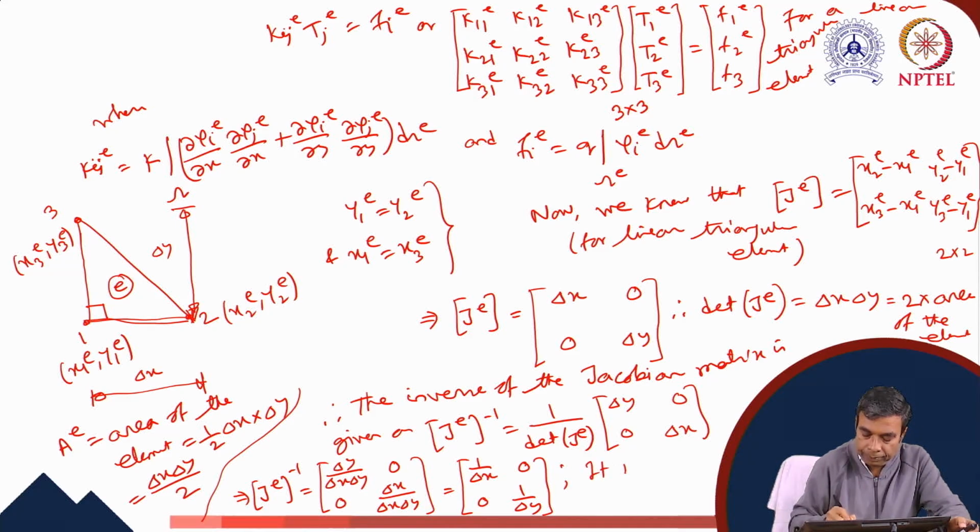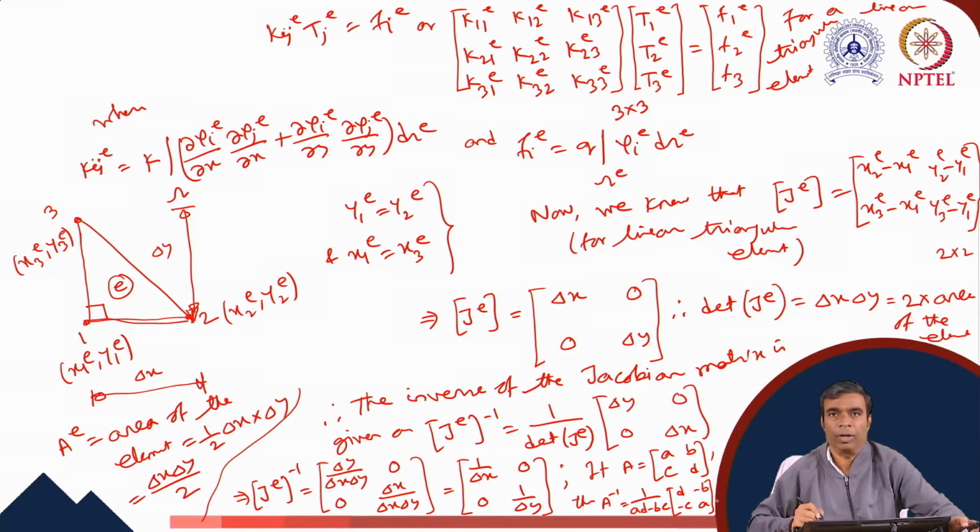If A equals [a, b, c, d], this we have discussed before also, then A inverse equals 1 by ad minus bc into [d, minus b, minus c, a]. So for a 2 by 2 matrix, the inverse is calculated by using the expression in terms of small a, small b, small c and small d.